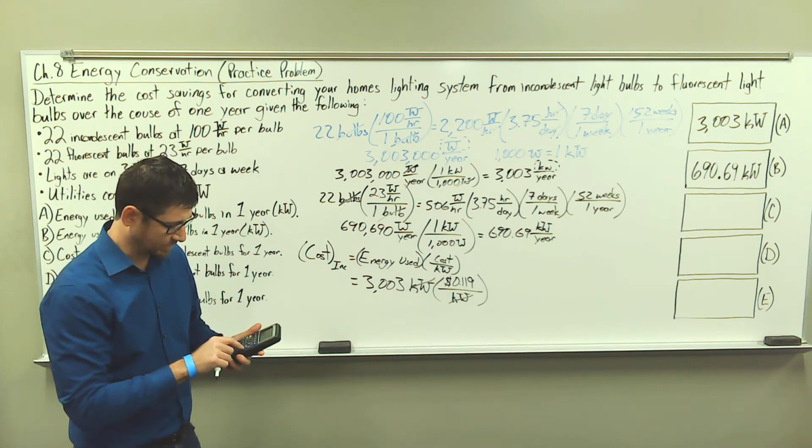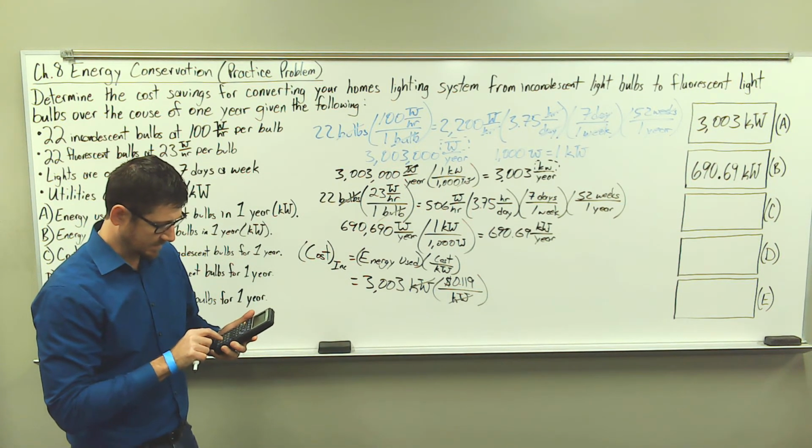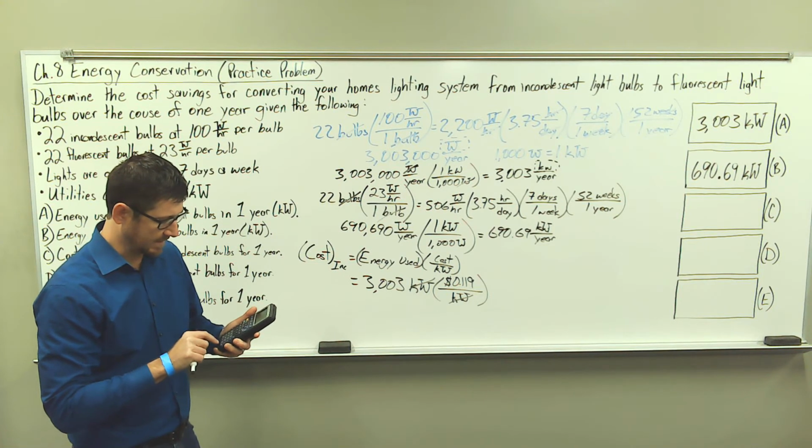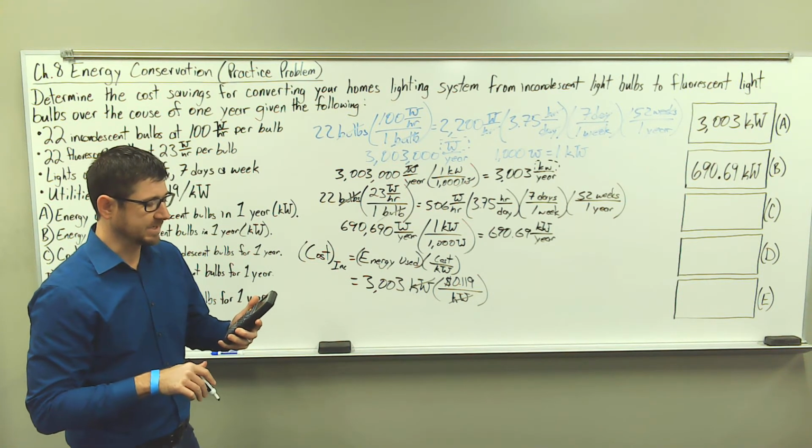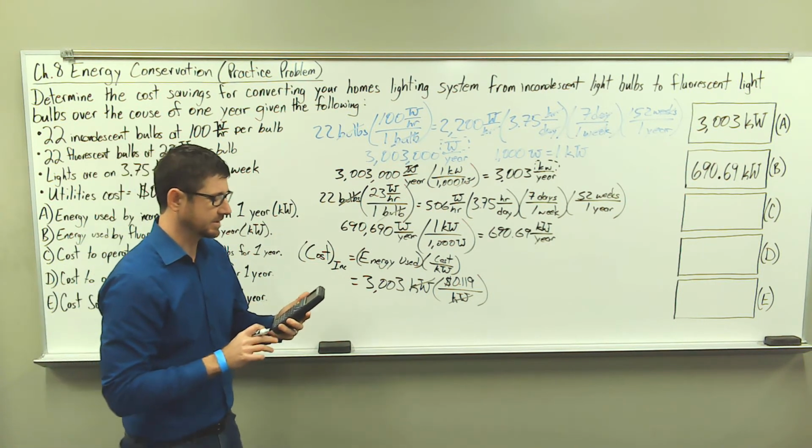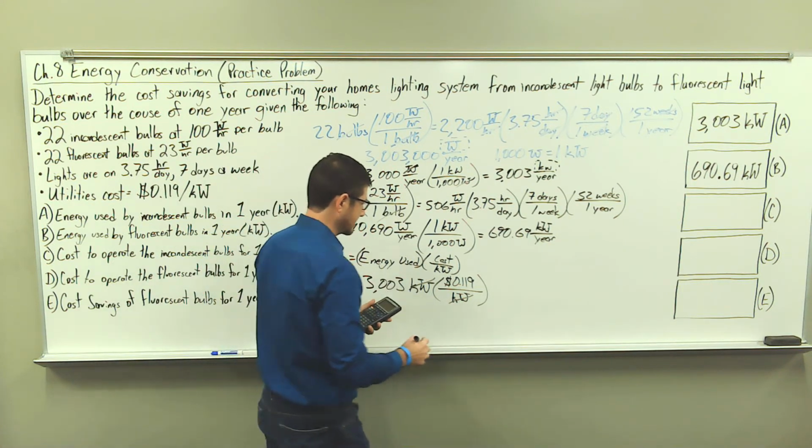So 3,003 times 0.119, that's going to give me 357.36.